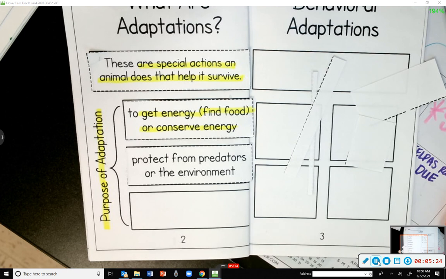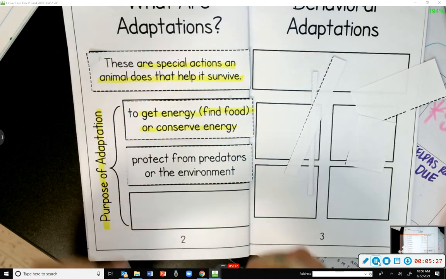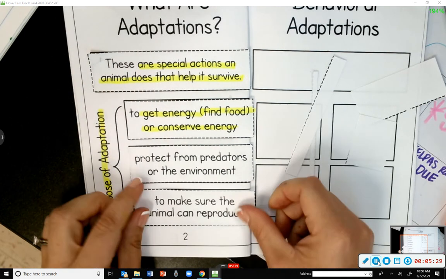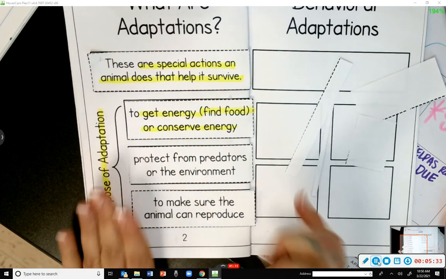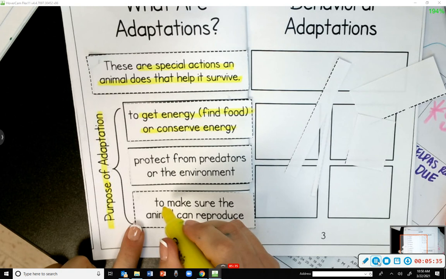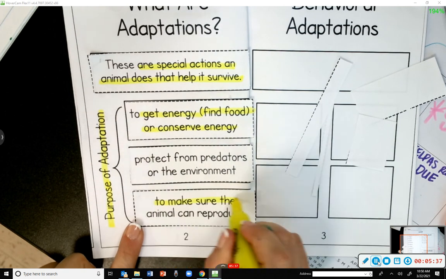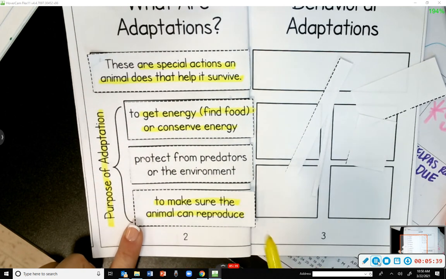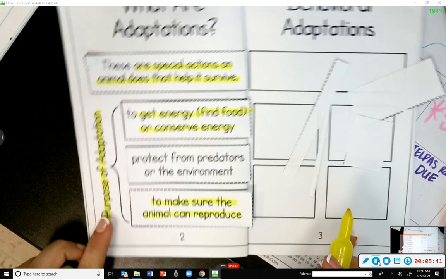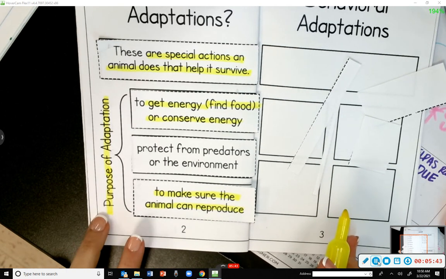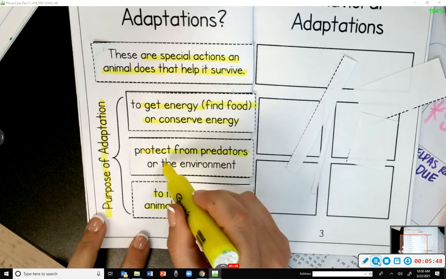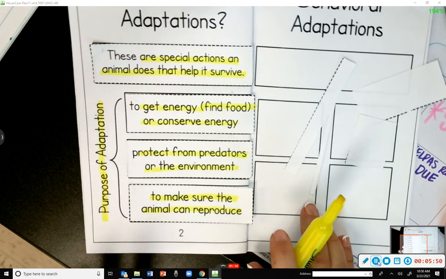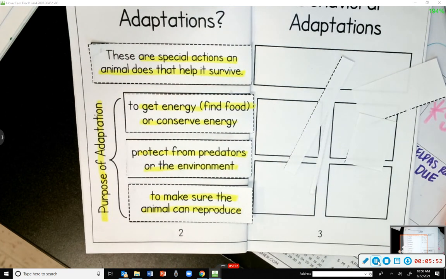So, those of you at home, this third box, you can write to make sure the animal can reproduce. And reproduce means to have what? Have babies. Protect from predators or the environment. Make sure you write that in your science notebook also.